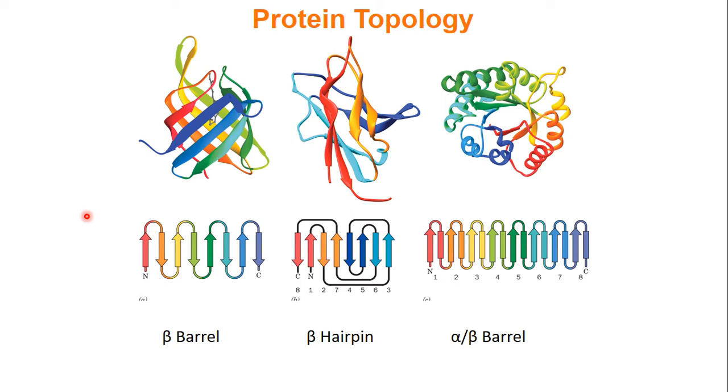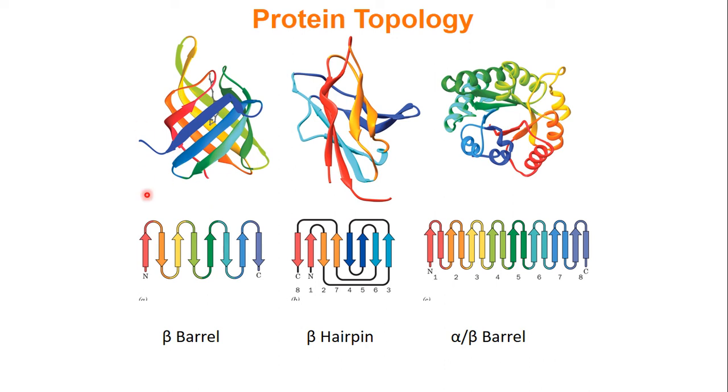Now, when we look at secondary structure like this, what we're really looking at is protein topology. So we're looking at how the secondary structure looks overall in the tertiary structure. What I mean by that is that we have a protein here that is nothing but beta sheets, but it forms a barrel.